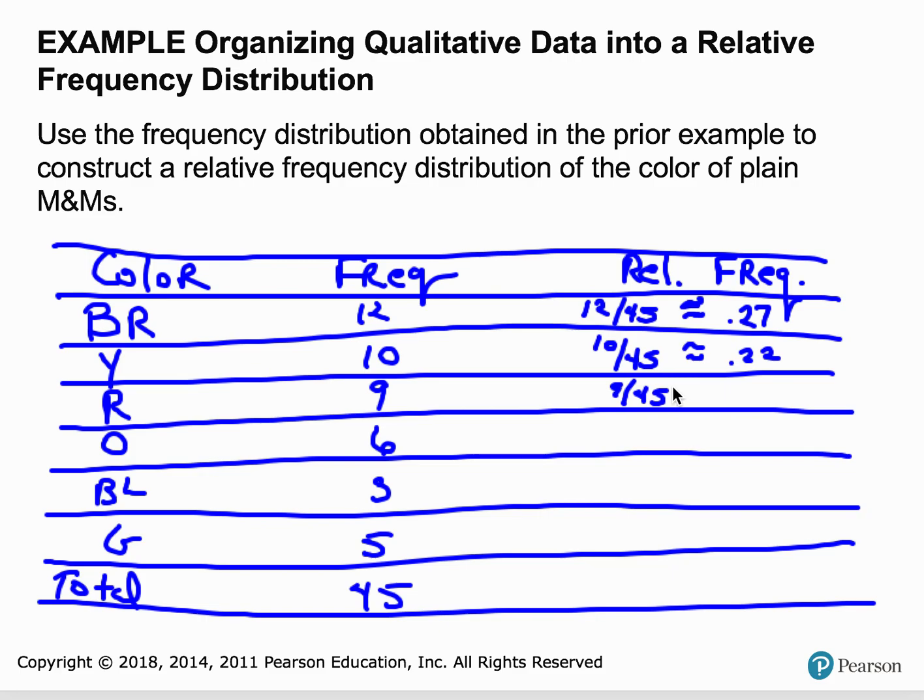9 divided by 45 is 0.2. 6 divided by 45 is approximately 0.13. 3 divided by 45 is about 0.07, and 5 divided by 45 is about 0.11.